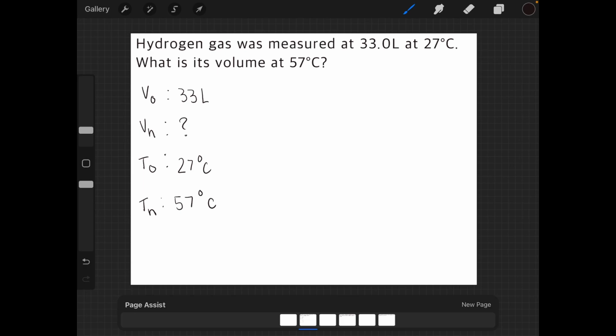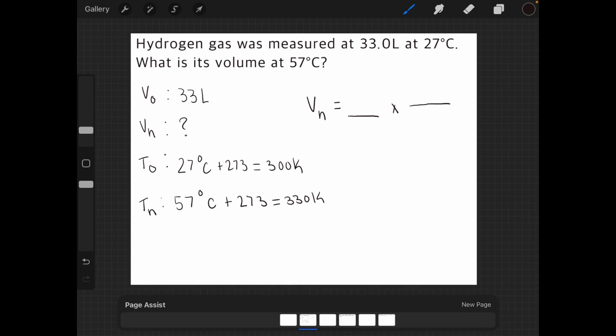Both of these temperatures are in Celsius, so I need to add 273 in order to convert to Kelvin. Now I'm going to set up the foundation of my equation. This will be the same setup for any problem.